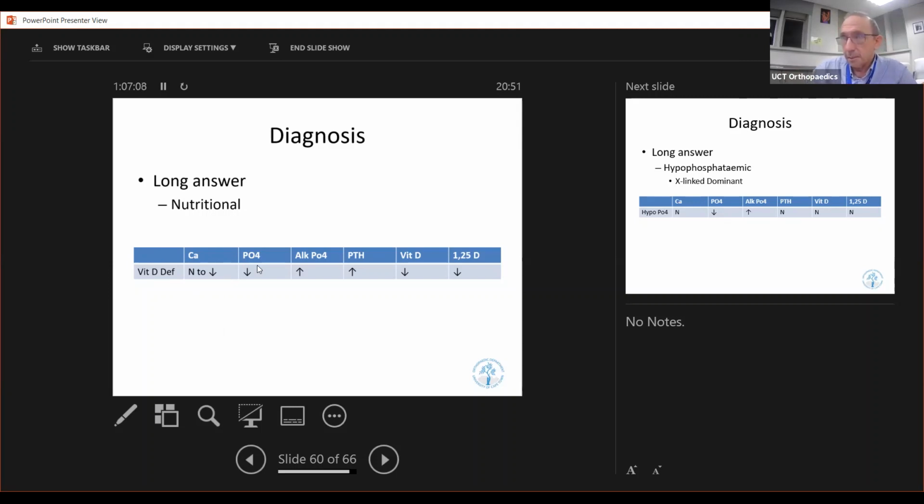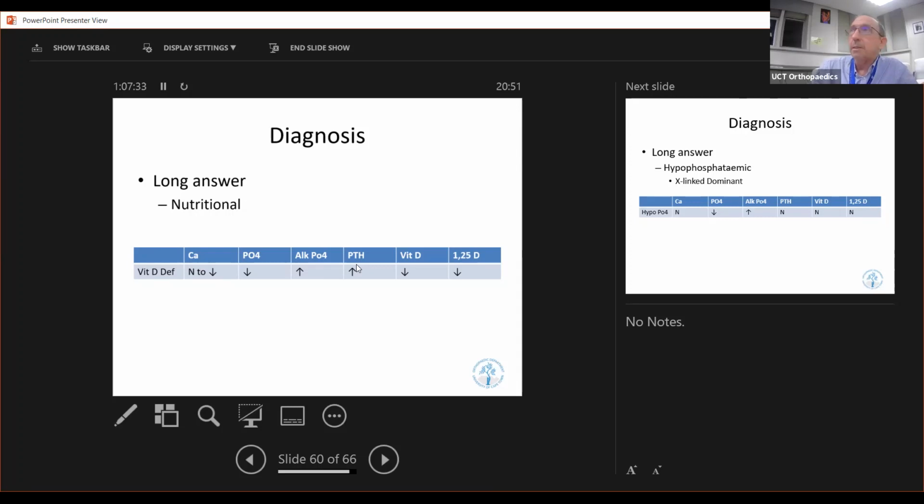And the reason is this, is that you would excrete phosphate in exchange to trying to retain calcium in the kidneys. Your alk phos is going to go up. You've got increased bone turnover because your parathyroid hormone has gone up. And why is that? Because you are trying to mobilize calcium stores from your bones.